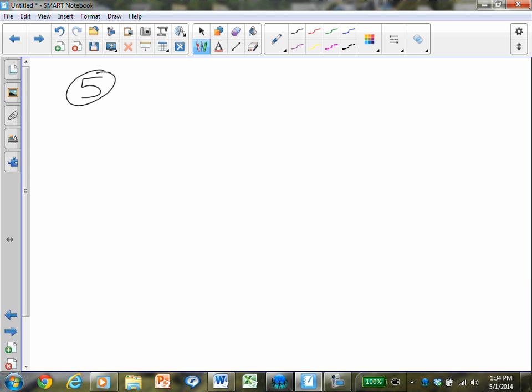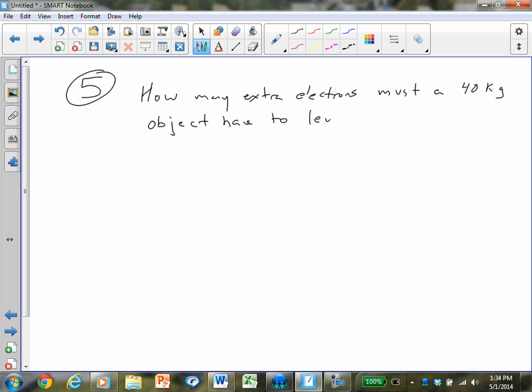Number 5. How many extra electrons must the 40 kilogram object have to levitate in the 10,000 volt per meter field?